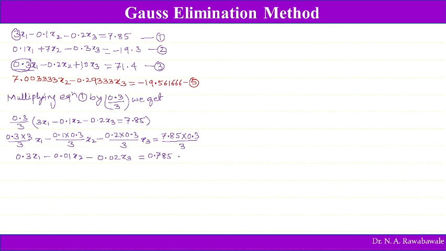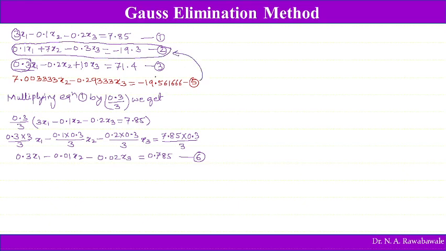We call this equation number 6. Now subtracting equation number 6 from 3. So already we have replaced equation number 2 by equation number 5. So this is in place of 2.